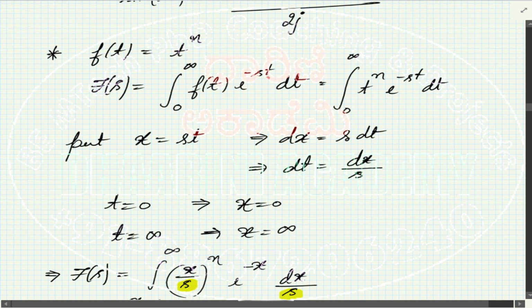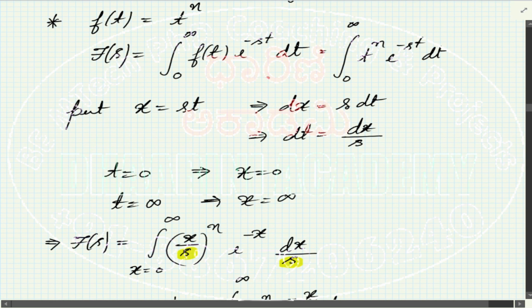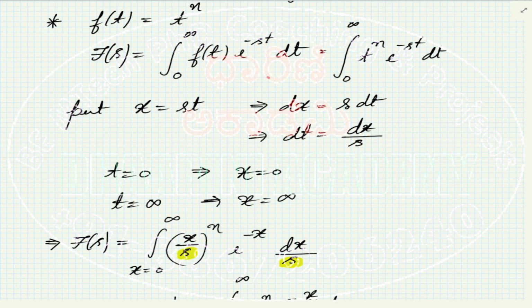It is t to the power n. So function f of t is t to the n. So we are supposed to perform the integration from 0 to infinity of t to the n e to the minus st dt. Since n is unknown, you cannot go ahead with the differentiation and integration altogether. So that is not possible.